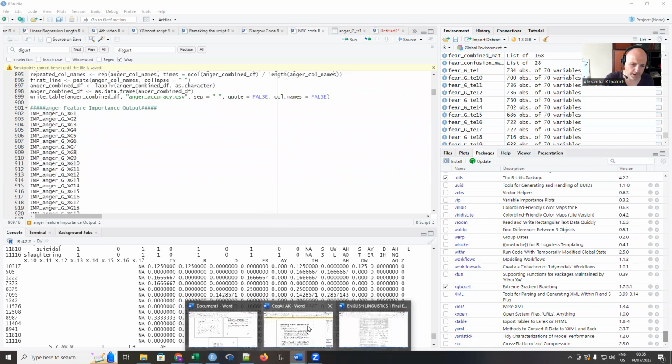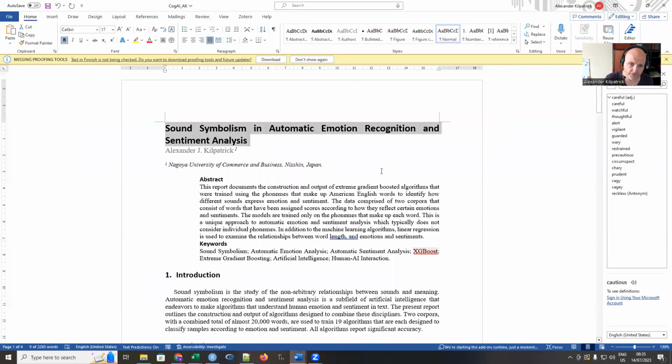All right, inside the shared OSF file, you will find this paper, which documents the outcomes of these models. Now, this is a conference proceedings. It is not presenting the final models. And obviously, if you've been watching all of these videos, you know that we're not finished with this project. We still have to figure out directionality.